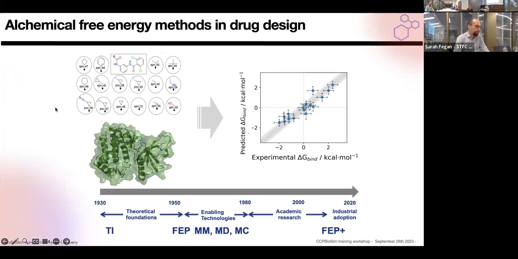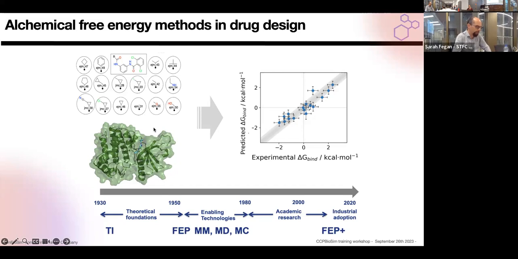So a couple of words on alchemical free energy methods. If you're not too familiar with this, the problem class we're interested in here is in drug discovery. For projects that benefit from information about the structure of a drug target, it's often helpful to use the structural information to guide the selection of optimal substituents around a particular small molecule scaffold.